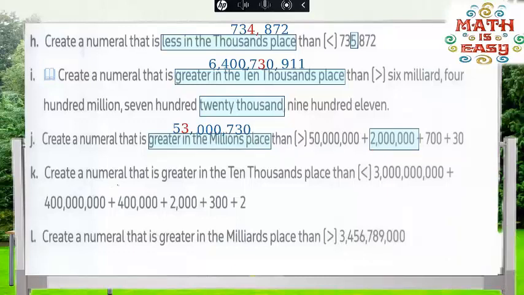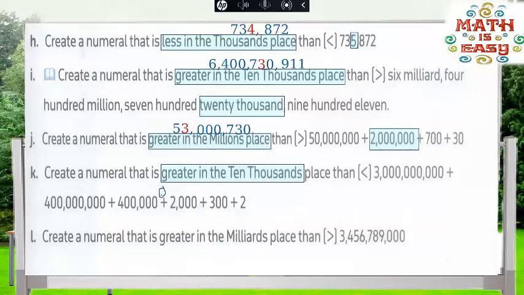Create a numeral that is greater in the 10,000th place. Focus well. Here we have a number in expanded form. Search in this number for the 10,000th place. We have here million, 3 million, 400 million, 400,000, 2,000, and 300. We don't have 10,000 as he wants from me. So you should know in your mind, if you don't have any place here in expanded form, that means this digit is 0.